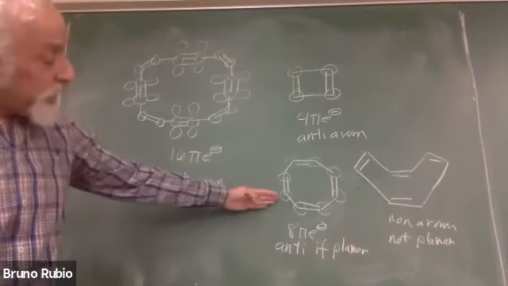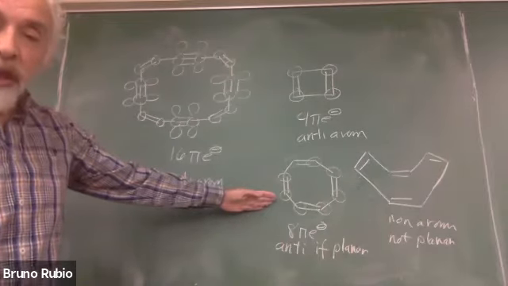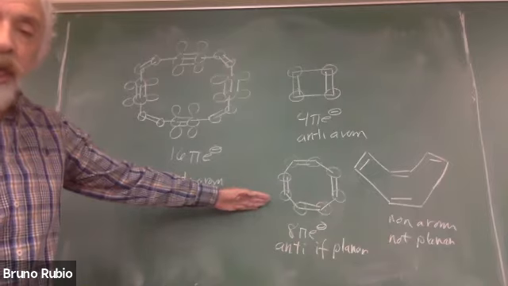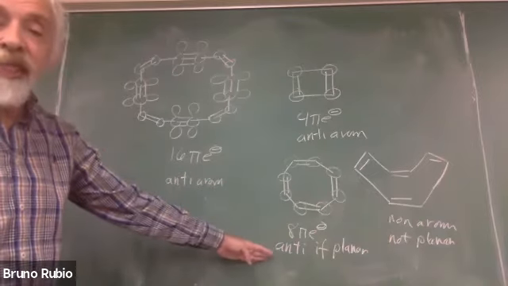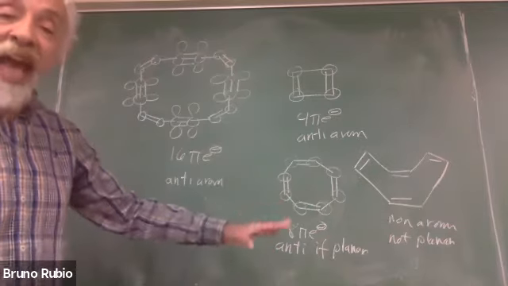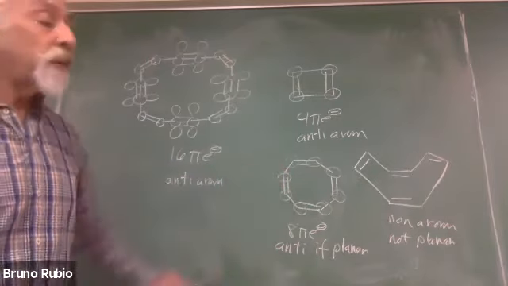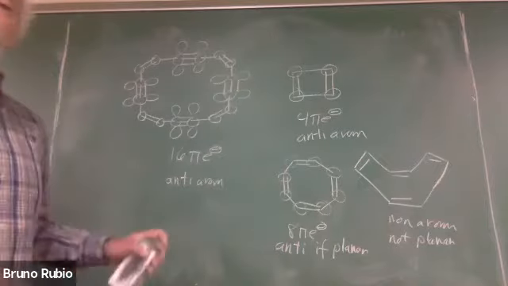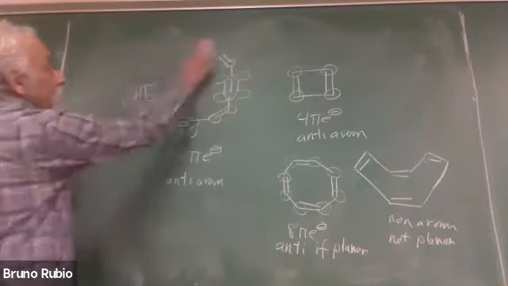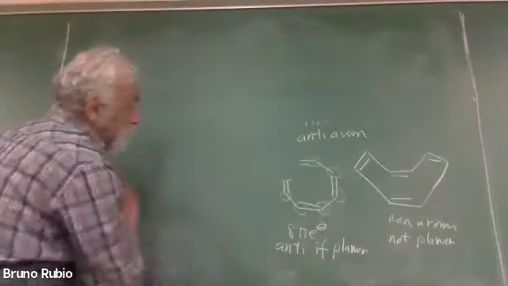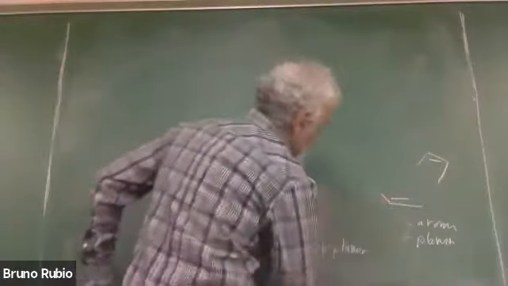So if you're taking a test and you see this molecule and the instructions to this question say, assume it's planar, the correct answer is anti-aromatic. But in fact, it is not anti-aromatic because it's not planar, because molecules try to do anything to avoid being anti-aromatic. All right.